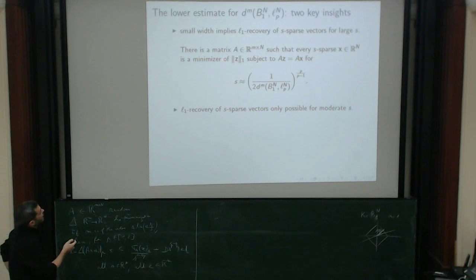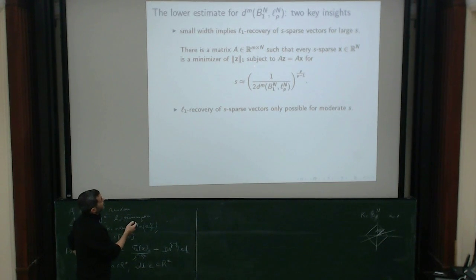For the first insight, there is a matrix A such that every S-sparse vector is a minimizer of the L1 norm subject to the constraint, for S of the order of this quantity, 1 over the width to a proper power. Right, and if this width is small, S becomes large.